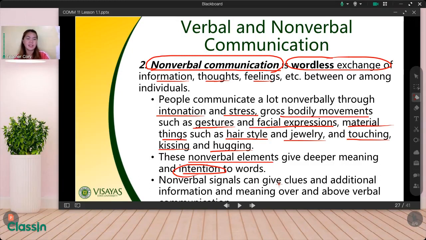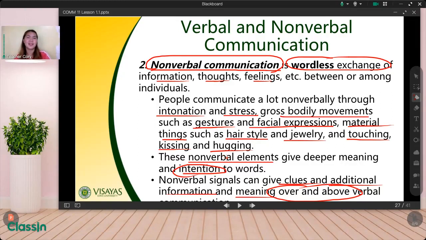So we can get a lot of meanings, more meanings. That's why they say action speaks louder than words. Okay, this is why.